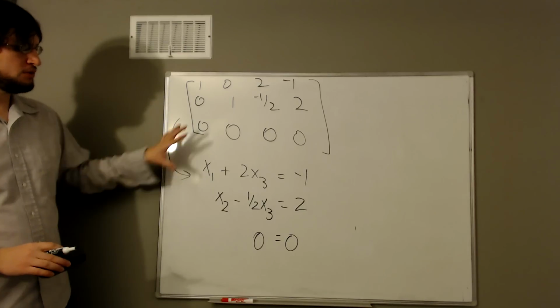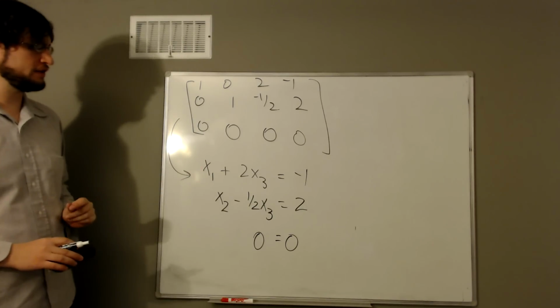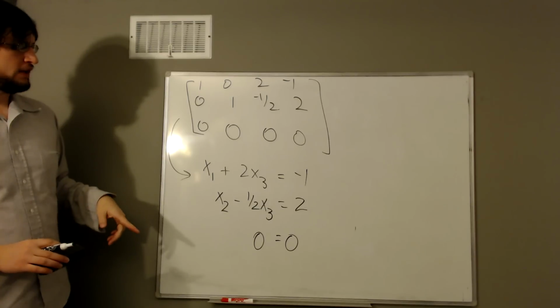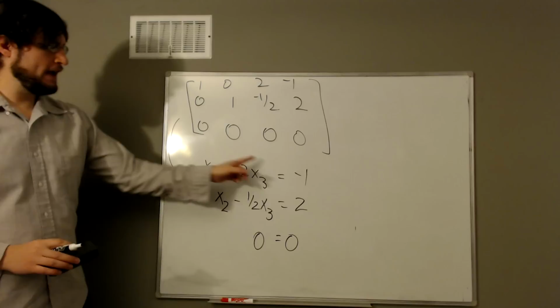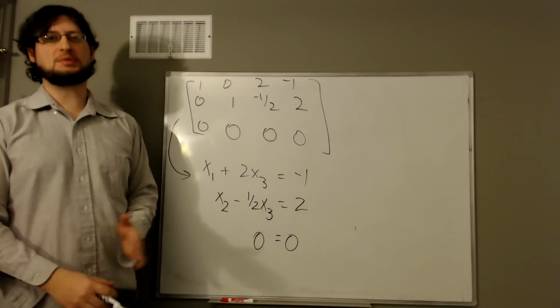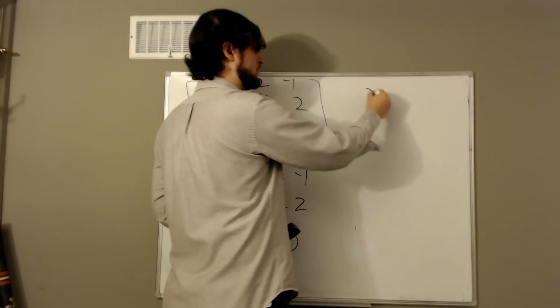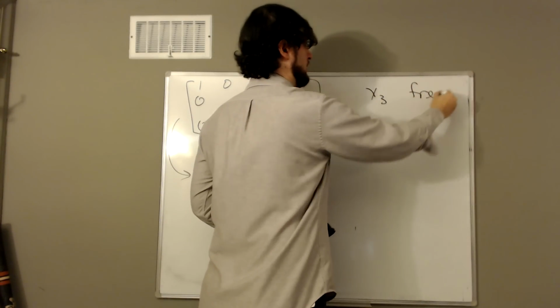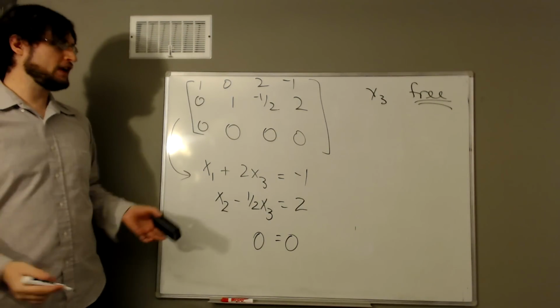All right, but I'm going to do one other thing here before I say that we're done writing the solution. What does this mean? This means that I'm going to think about x3 as being allowed to be anything that I want it to be. We're going to say that x3 is free. It's free to be anything I want it to be.